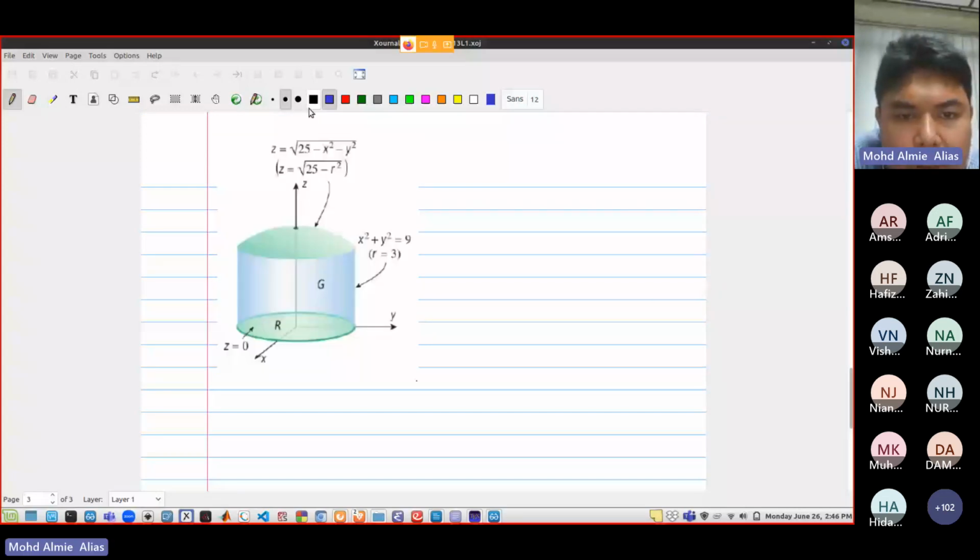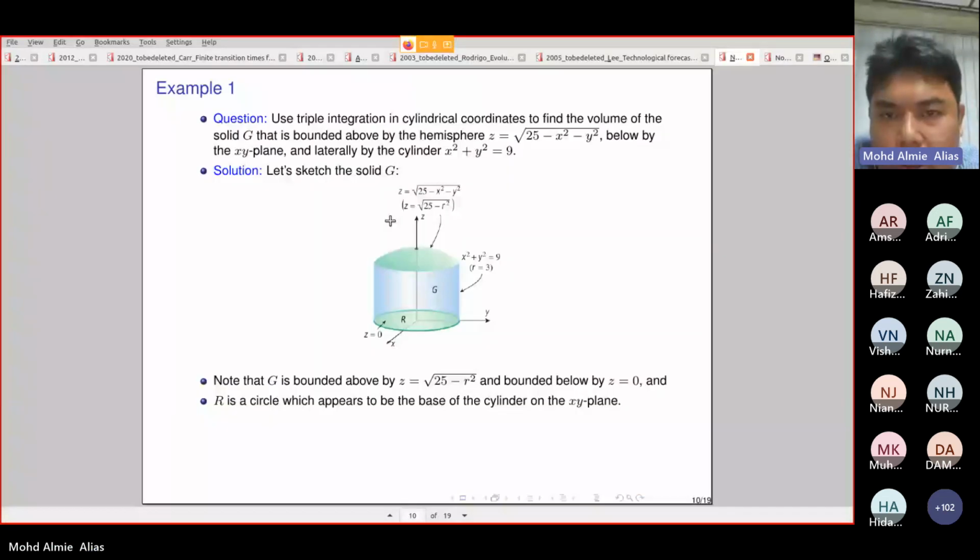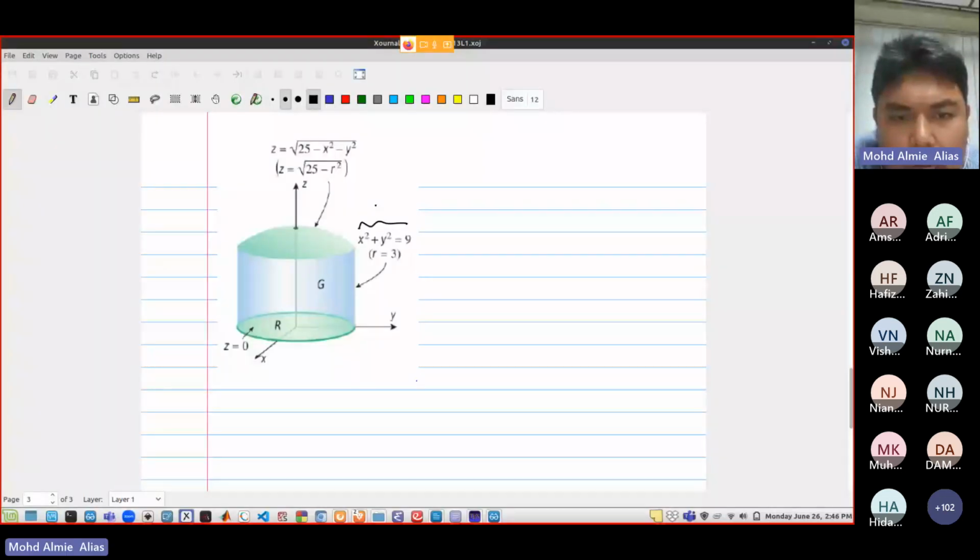So this is x squared plus y squared equals 9. You can make it r squared equals 9, which means that r equals plus or minus 3. Since r is the distance from the origin, you just take the positive value.